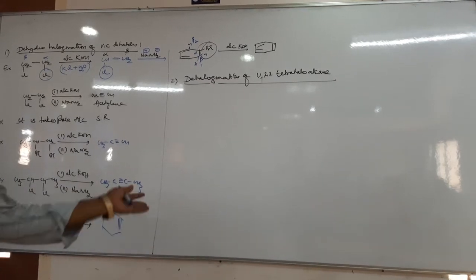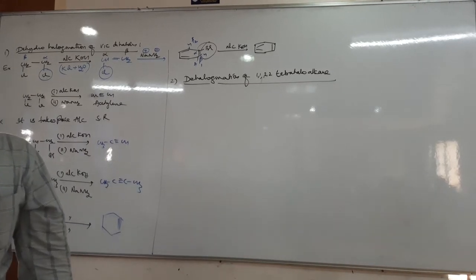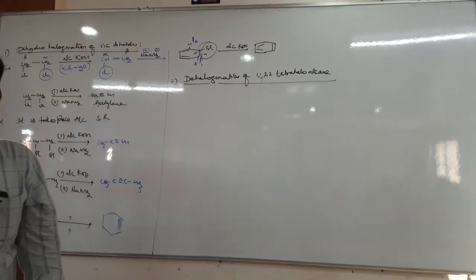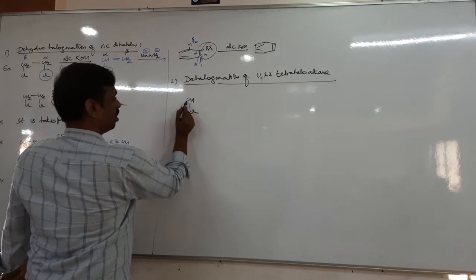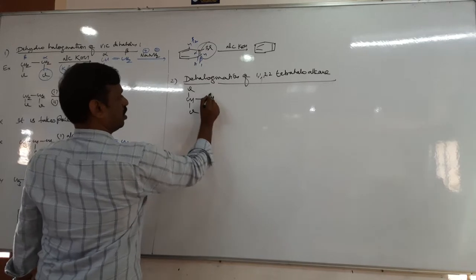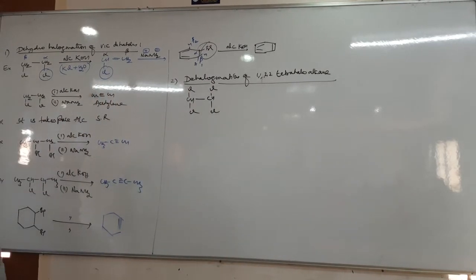So what is the meaning of 1,1,2,2? On one carbon there should be 2 halogens, and on the adjacent carbon also 2 halogens. For example, CHCl2-CHCl2. Now this is a 1,1,2,2-tetrahaloalkane.